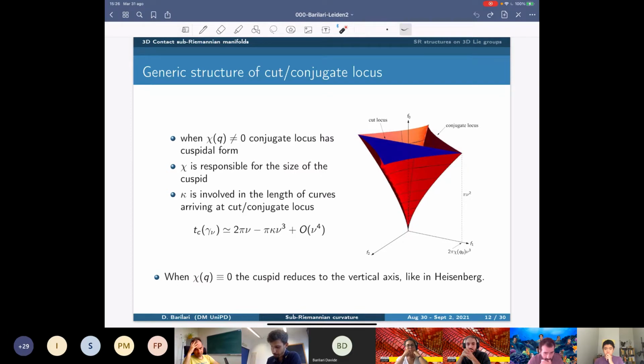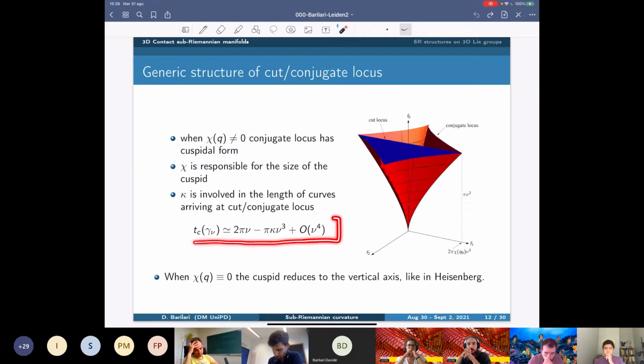And chi and kappa describe the asymptotic behavior in the small size of this quantity. In particular, the kappa here is involved in the length of curves which go to the cut locus and conjugate locus here, the intersection of the cut and the conjugate. So here is the point where the curve loses optimality.